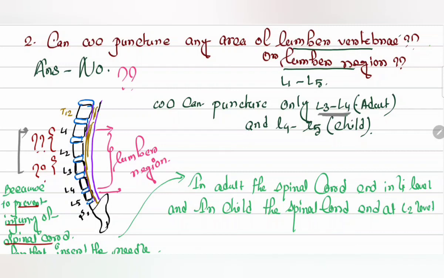On the other hand, in children the spinal cord ends at the L2 level, so for safety in children the lumbar puncture is done in the middle of the L4 L5 gap. I think you all understood why we can't puncture any area of the lumbar vertebra.